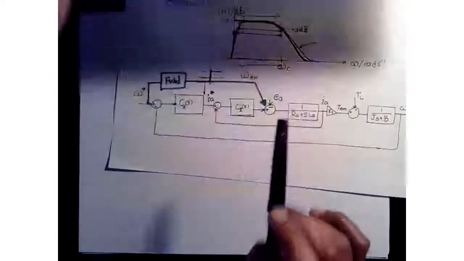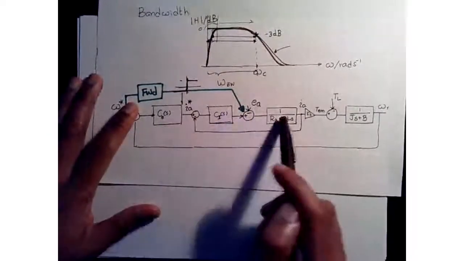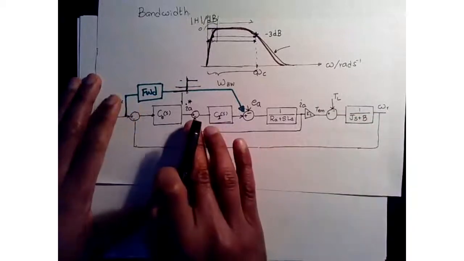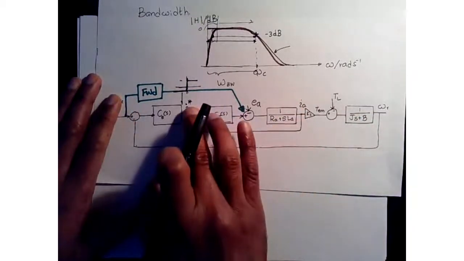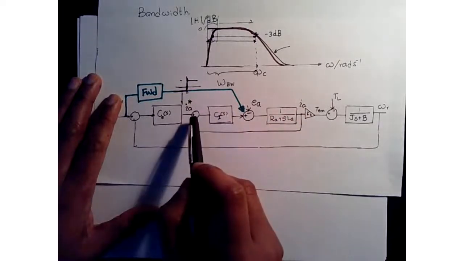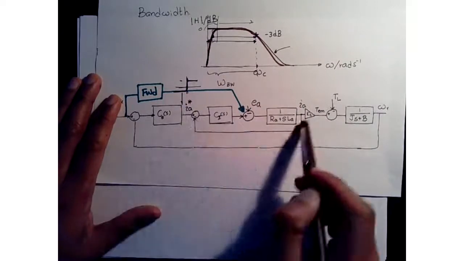Now, if we design our current loop to be faster, we can assume that the current dynamics have settled. They are responding fast enough that at an instant this dynamic loop disappears.